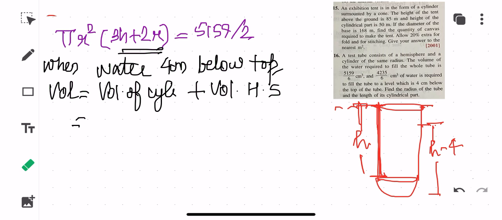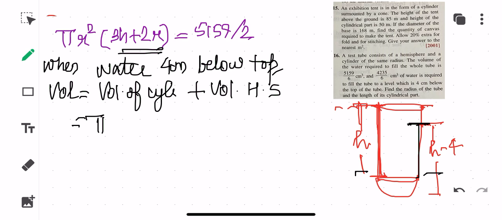So here I will be taking only this particular part which is there. We'll just continue like this and see what comes. So volume of cylinder now will be equal to, since you are reducing this much height, h minus 4.